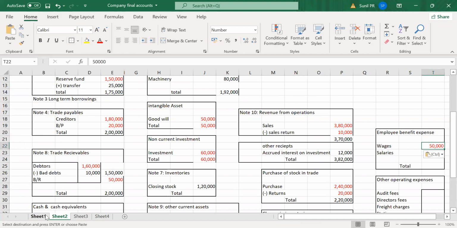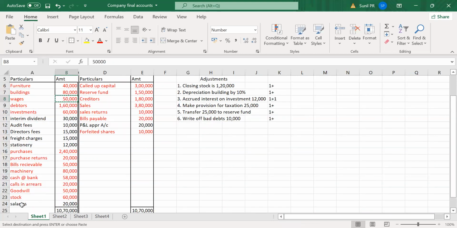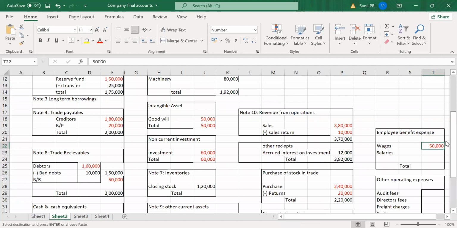Next, salaries. Here it is there. 20. So salaries is here. 50, 20 will be 70. Okay, employee benefit expenses over.